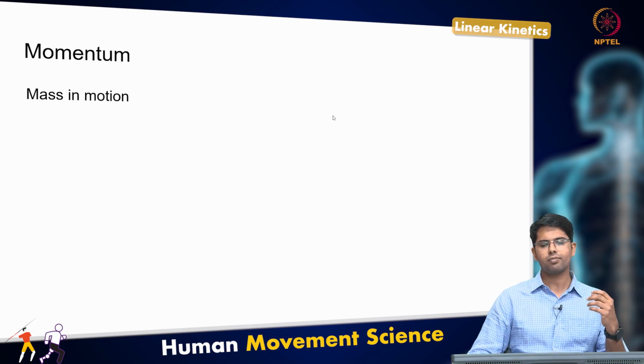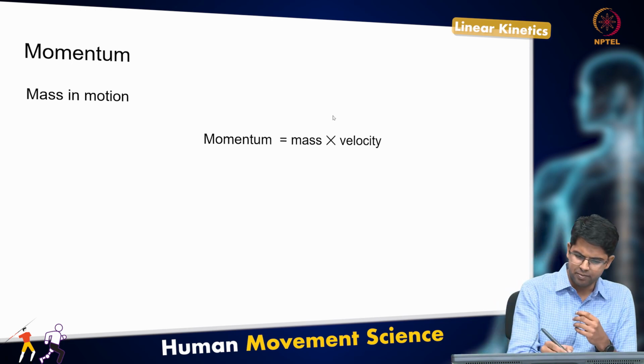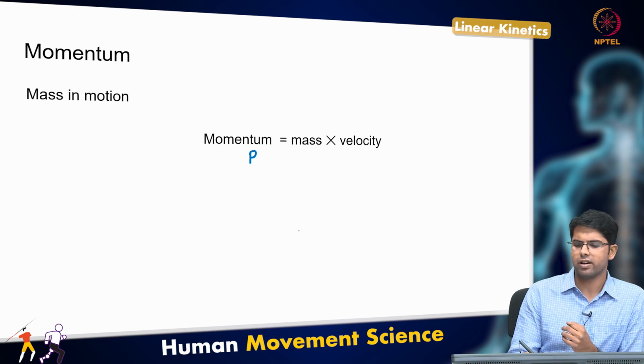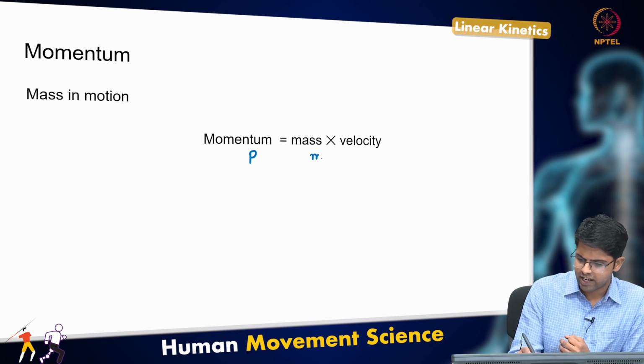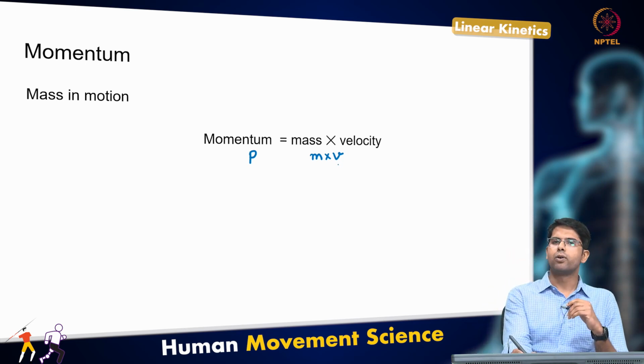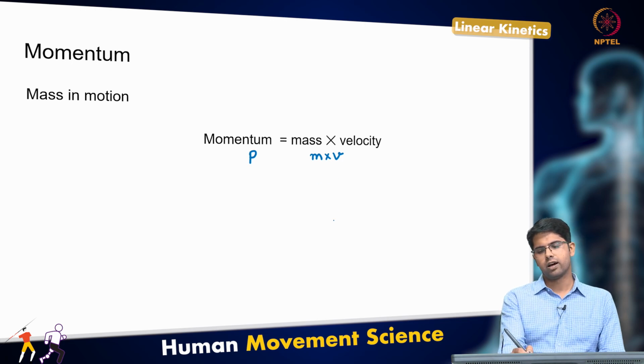So the definition for momentum, which is usually represented by P, is mass m times the velocity v. Velocity is what you learned in kinematics, how fast an object is moving with respect to a particular direction. It is an instantaneous quantity.